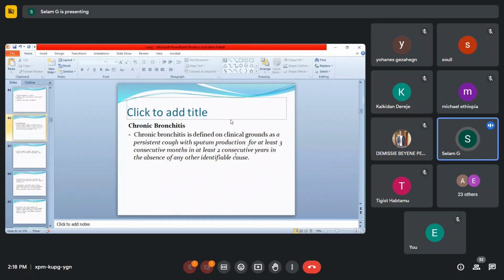If a person is coughing with production of sputum from September to November this year, and if that happens in the next year, you label that person as having chronic bronchitis, ruling out all other causes.